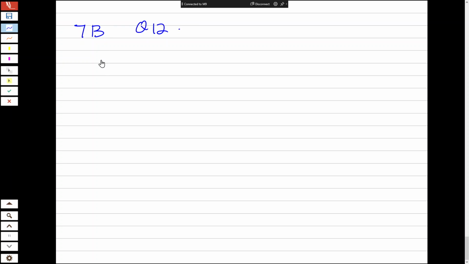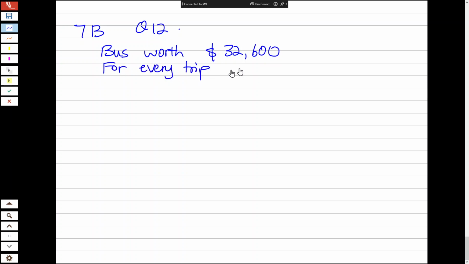Okay, so we've got a bus worth $32,600, and for every trip, the bus loses $10 of value. So this is like a use.